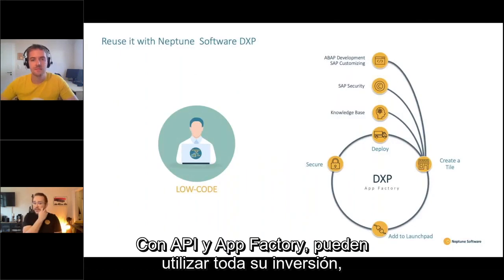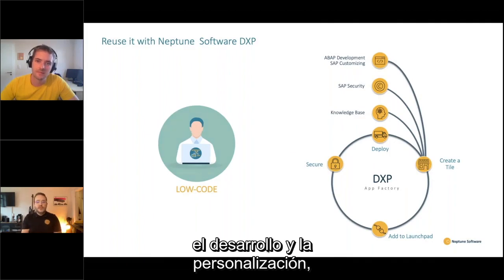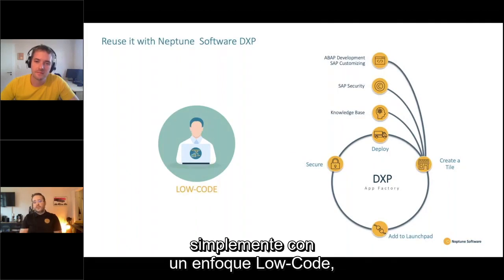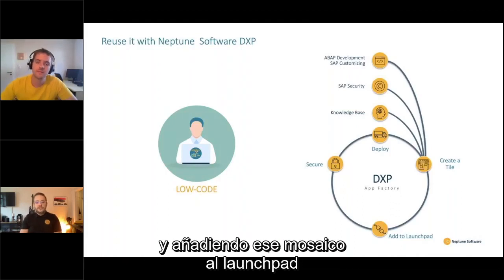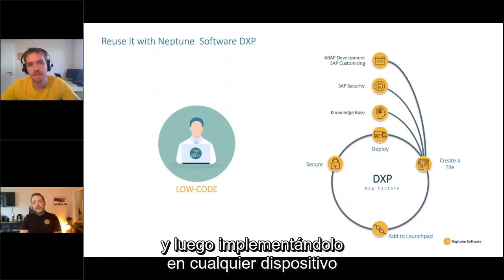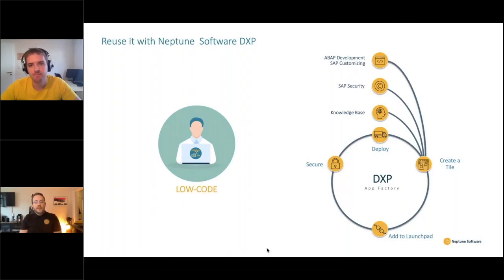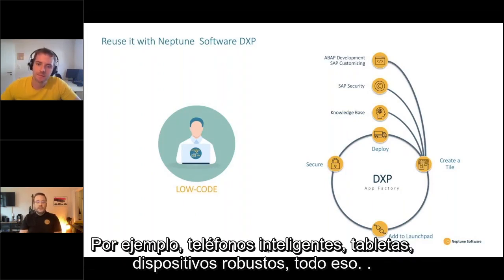With the API and the App Factory, you are able to use all your investment, the knowledge base, security layers, development, and customizing simply in a low-code approach by just creating a tile, which you might already know how to do, adding this tile to your launchpad, securing it with your SAP security layers, and then deploying it to any device that you might use in your company, for example smartphones, tablets, RUC devices, all that.